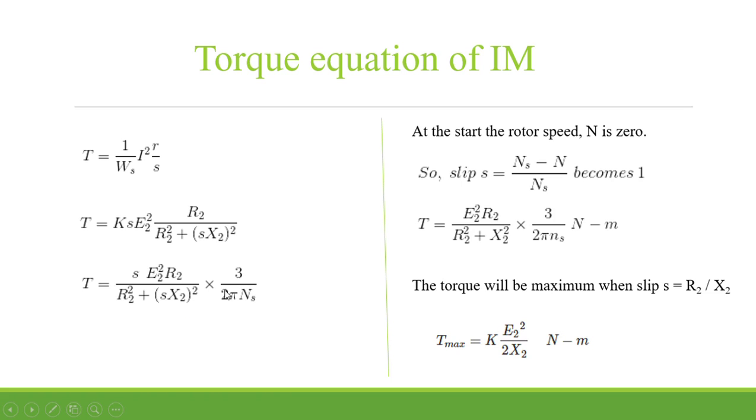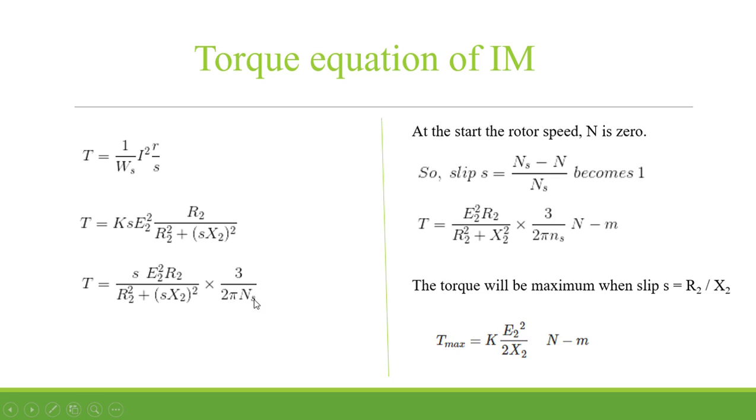And here 2 pi ns is the same as omega s. This part is constant because ns is fixed, and 3 upon 2 pi is also fixed. So this part is constant k. You need to remember this torque equation.